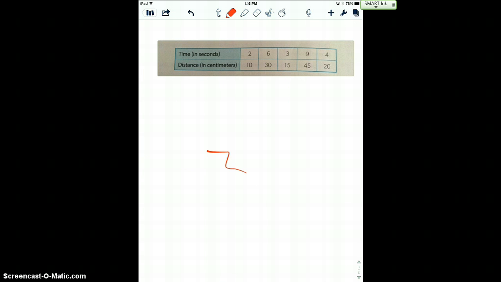Okay, you're going to copy down this table in your notes. And this is about a scientist. So example, this one's about a scientist recording data collected by a rover sent to the planet Mars. So we'll label this Mars. The scientist recorded the time it took the rover to travel several different distances.